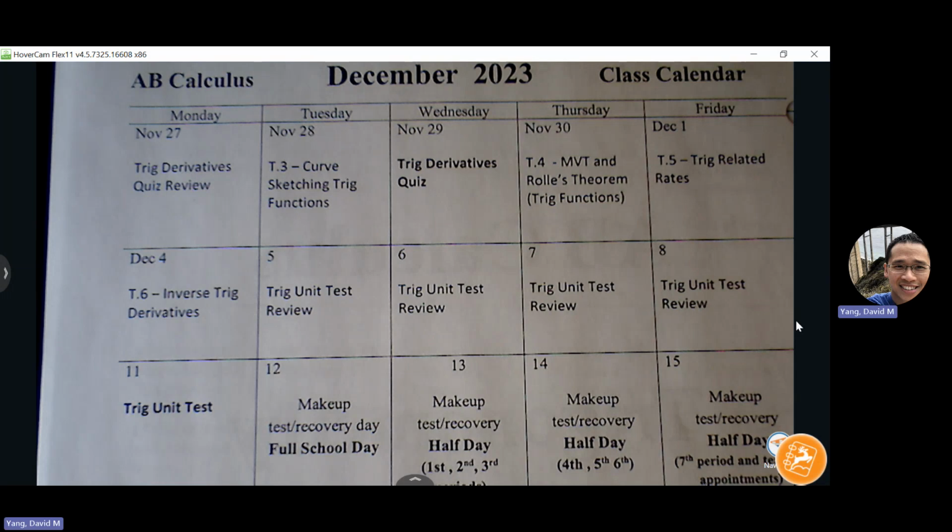Okay. After the test, I'm going to be just trying to grade. I'm not going to grade all the tests fully on that day. I'm just going to look for students who may want recovery.